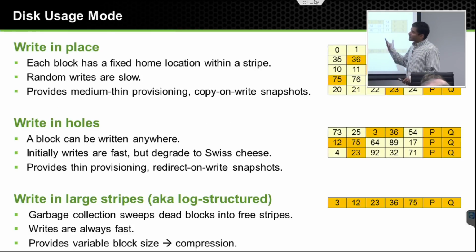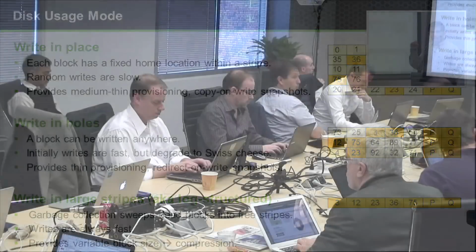Okay, so the next differentiator then is how to use disk. There are different kinds of layout that different storage systems use for data on disk. The most common layout is what you might call write in place, where each block has a home location, a fixed location within a stripe.